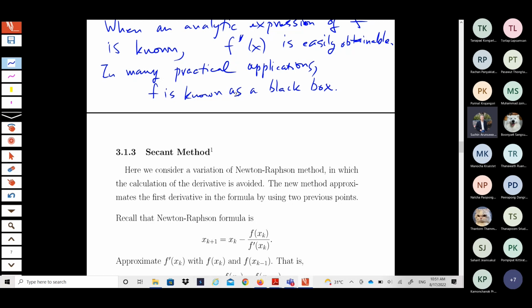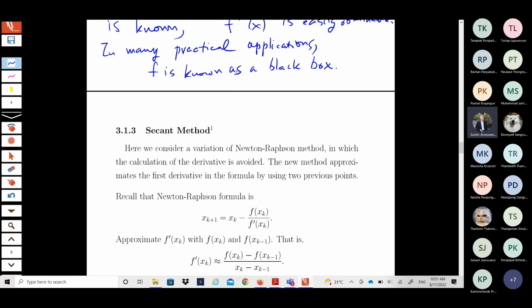In load flow analysis or in electronic circuits, when we solve the circuit, what we know is that we have a function, like a module: given x, we can compute f of x.